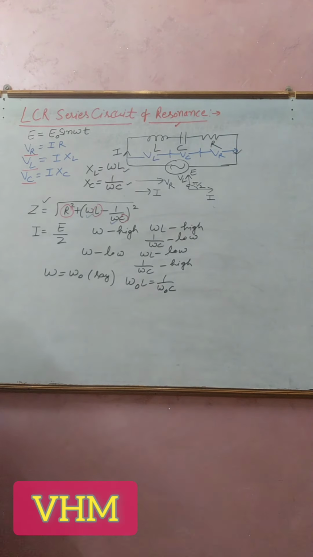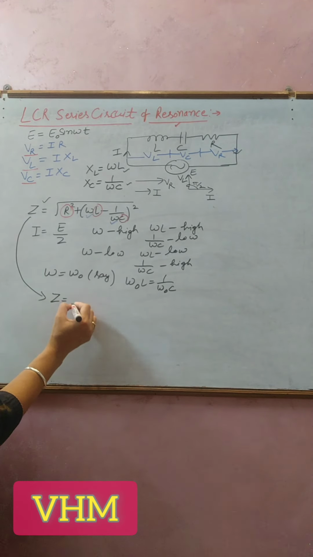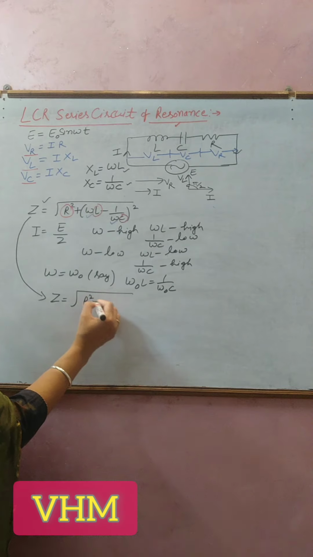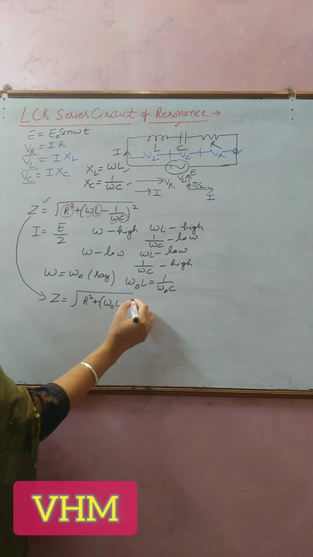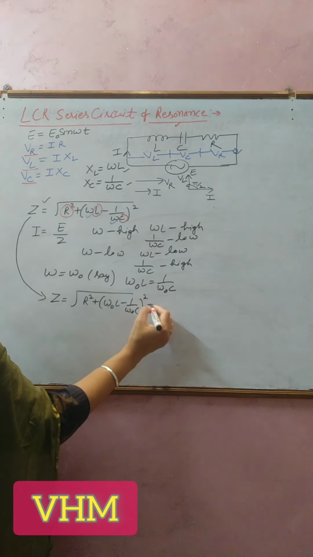When they are equal, what about the impedance? Impedance becomes the square root of R square plus (omega naught L minus 1 by omega naught C) square, and since the two terms are equal they cancel.